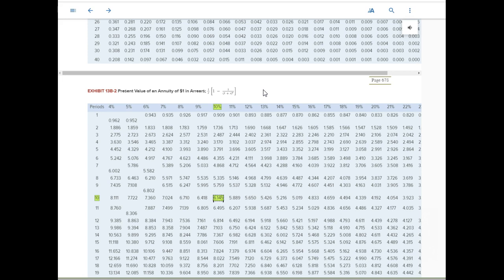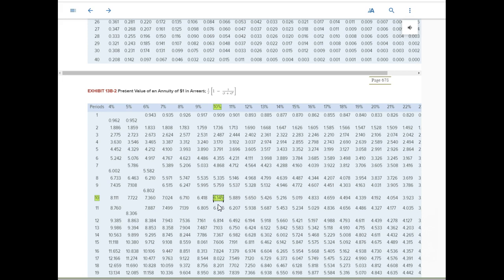So again, you're asking the question, how much would I have to put in a savings account today where I can earn 10%? And then at the end of every year, I will take out $1 from that account. So over the 10-year period, you will take out $10. So how much do you have to put in the account today to be able to do that? Again, go down the 10% column, across the 10 period row, and you have 6.145.